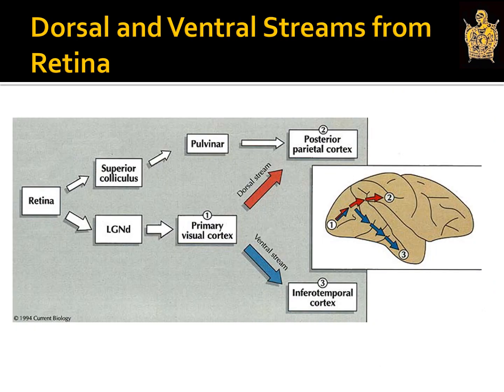Light gets into the retina and through the lateral geniculate nucleus in the thalamus, gets through to the primary visual cortex and divides into two pathways: the dorsal stream and the ventral stream. The dorsal stream gets to the posterior parietal cortex, and the ventral stream into the inferior temporal cortex.